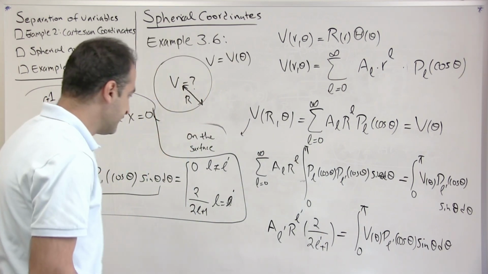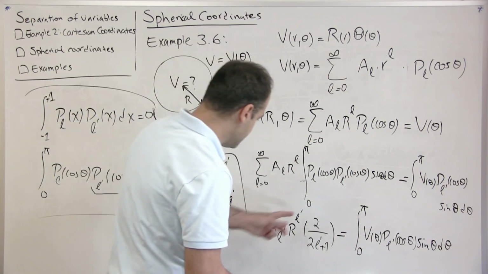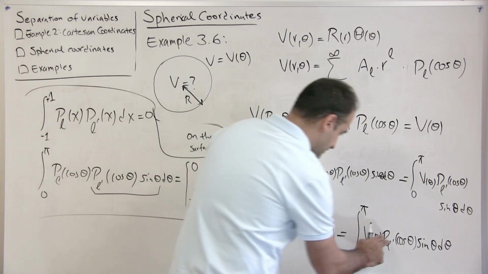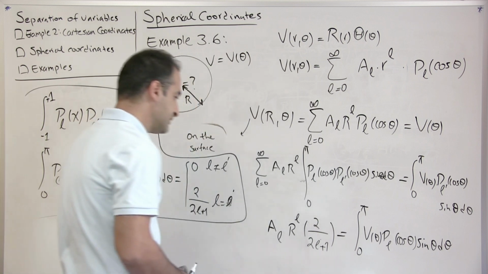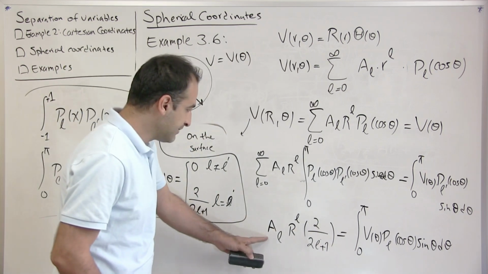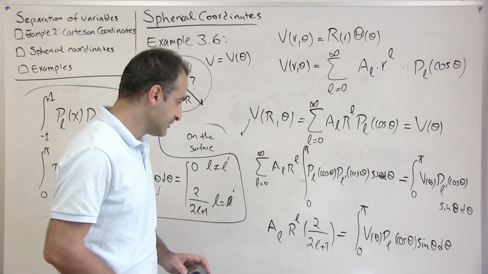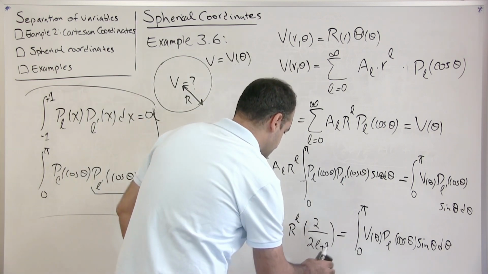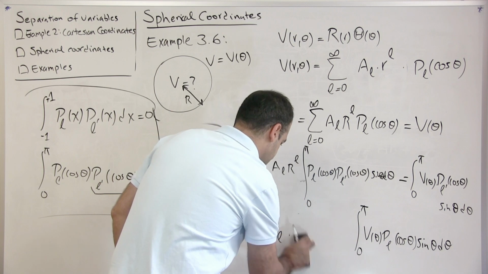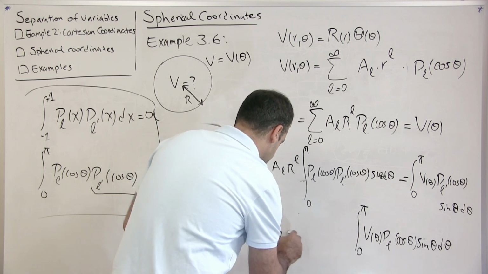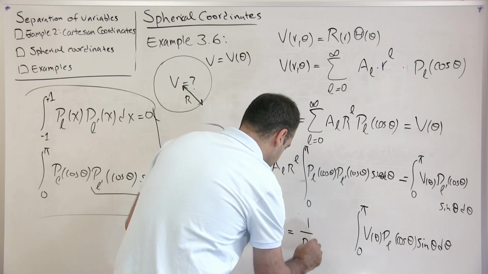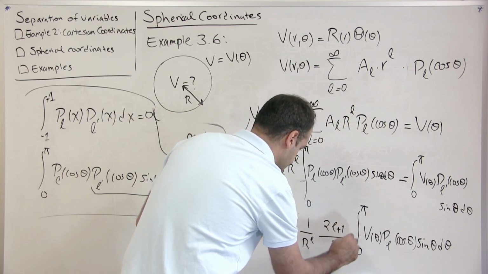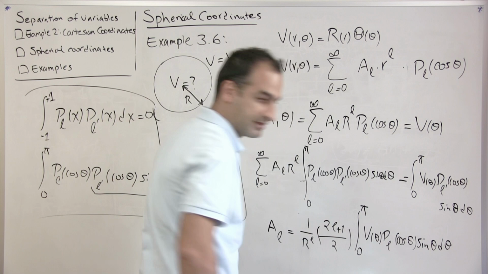Now if you look at this, we only have L prime, so I can get rid of the prime sign to make things look a little simpler. A_L can be calculated based on the rest. I can move R to the L and the second term to the right hand side, and say A_L is 1 over R to the L times 2L plus 1 over 2 times this integral.